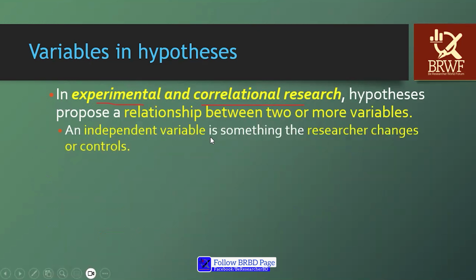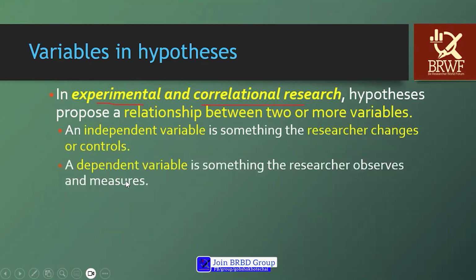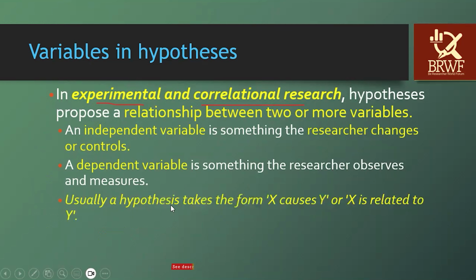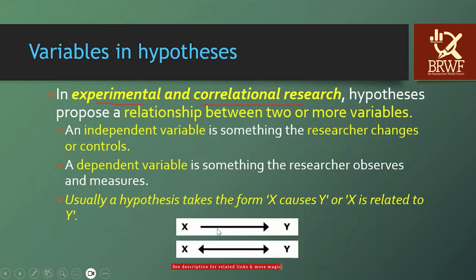And an independent variable is something the researcher changes or controls. And a dependent variable is something the researcher observes and measures. Okay, so usually a hypothesis takes the form X causes Y or X is related to Y. So let me show you one example.